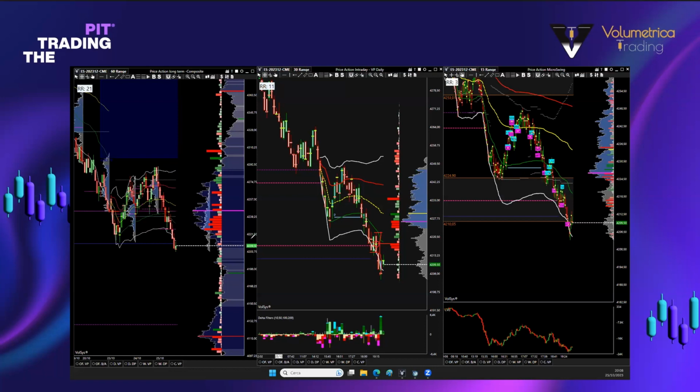That means there was an absorption of buyers in this area, which then led price to move further down. Tonight, we are going to take this concept and transfer it to the footprint chart, which is the most important, and I would say the most complete tool in terms of order flow analysis.